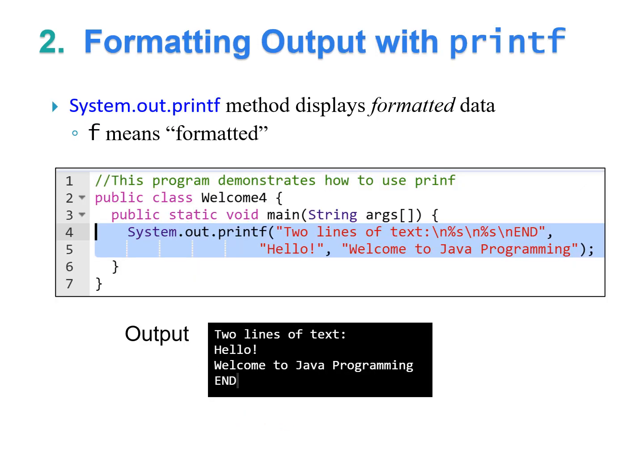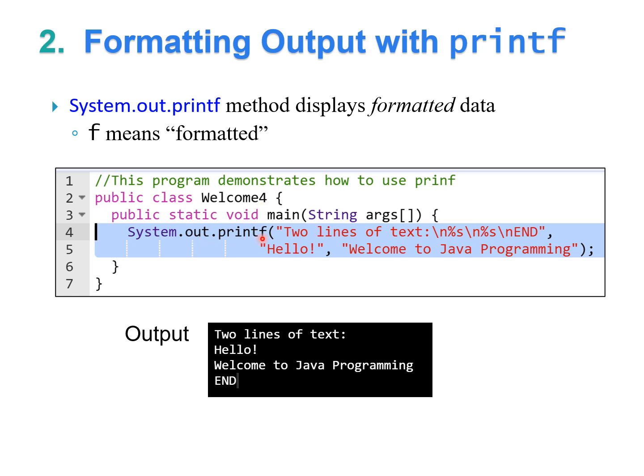Another method of the System.out object is printf, which displays formatted data. The F in the method name means formatted. This program Welcome4 demonstrates how to use the printf method.